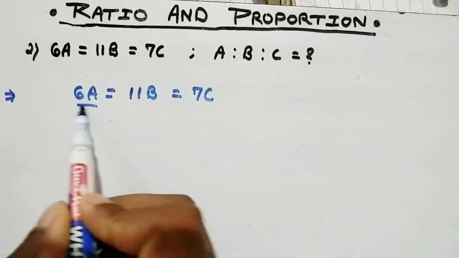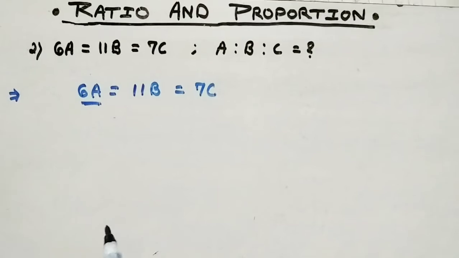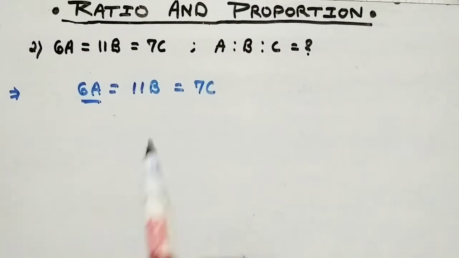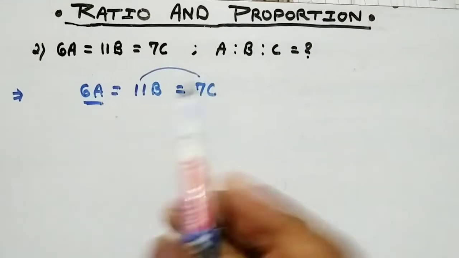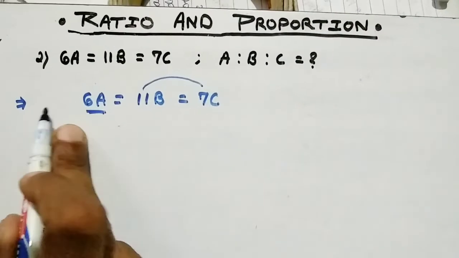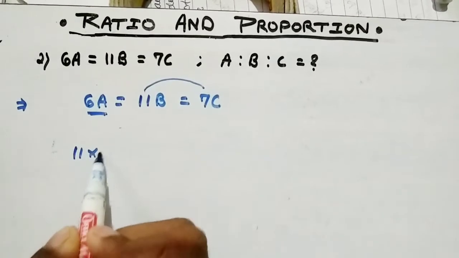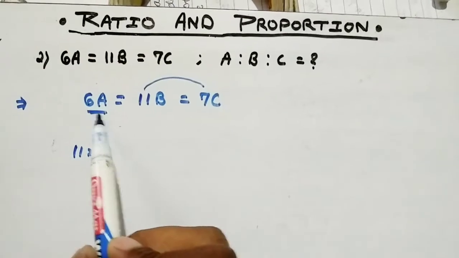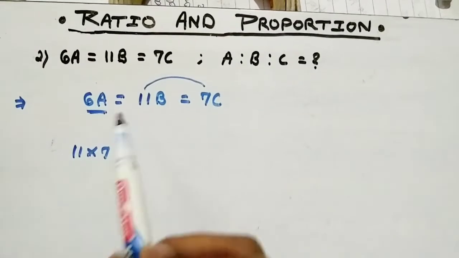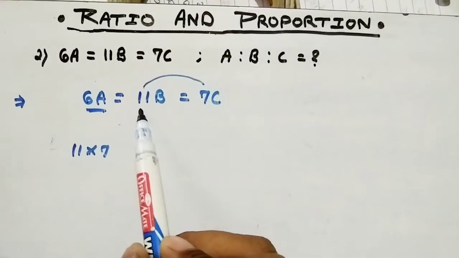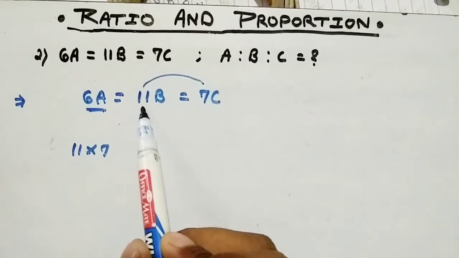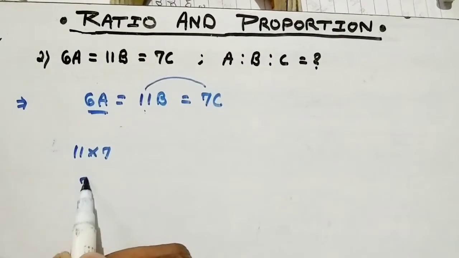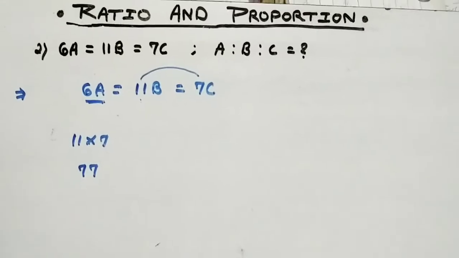That is the a term, so we don't consider any value of a, so we consider 11 into 7. We don't consider any value of a, so we consider the value of b and the value of c. 11 into 7, that is 77, right.